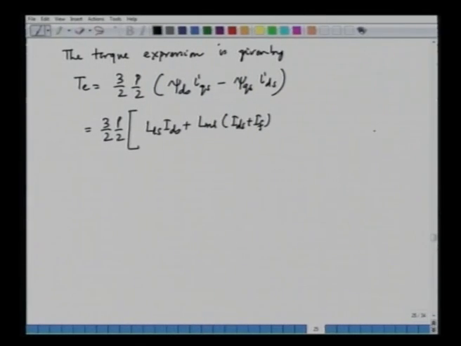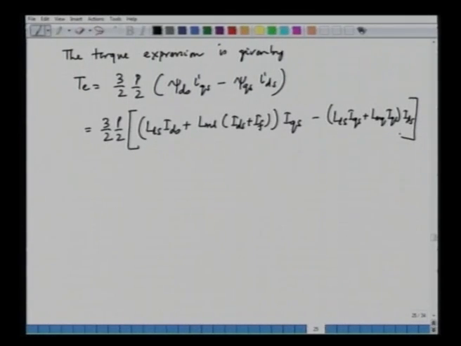So, we need not write the expression for the damper winding currents here. This into IQS. Similarly, for psi QS we can write down LLS IQS, this is the leakage component, and then we also have the magnetizing component LMQ into IQS, into IDS.